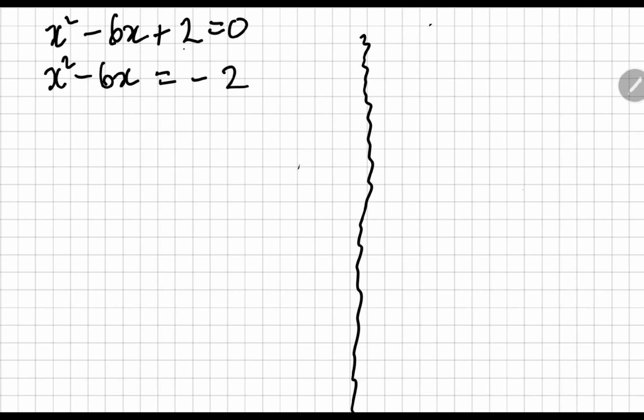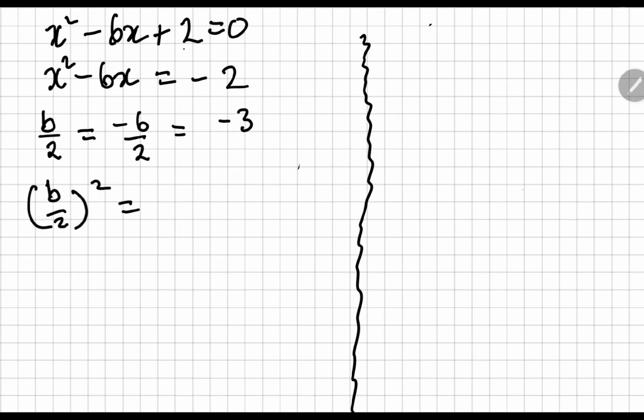Now I need to figure out what the b over 2 is equal to. It's negative 6 over 2, which is negative 3. So the b over 2 squared is the same as negative 3 squared. Notice I don't find the actual value, I just leave it in this exponential form.